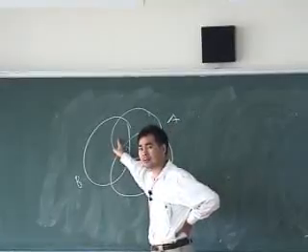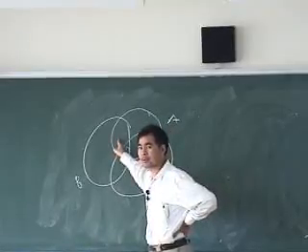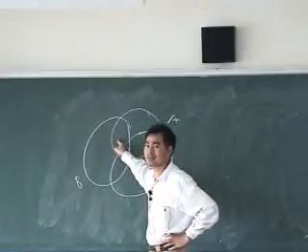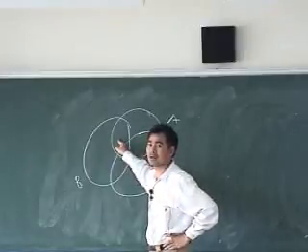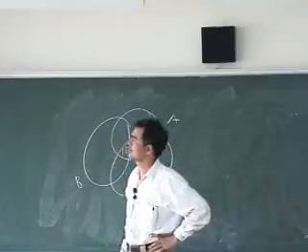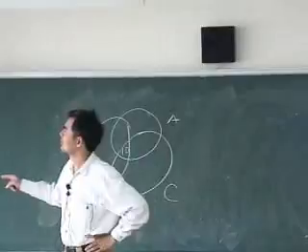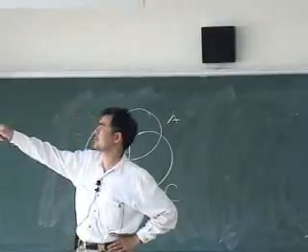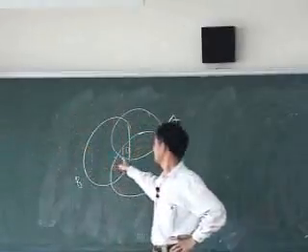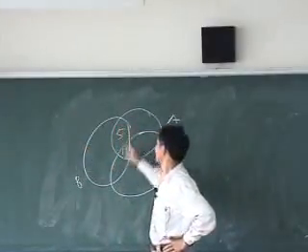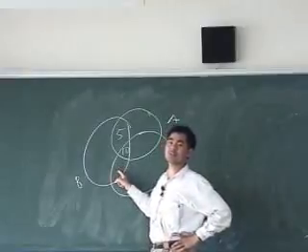Excuse me? I beg your pardon? Could you speak louder? 2%? Are you sure? 15% join A and B, right? 5. Okay, 5%, right? Can anyone tell me how much it should be here?